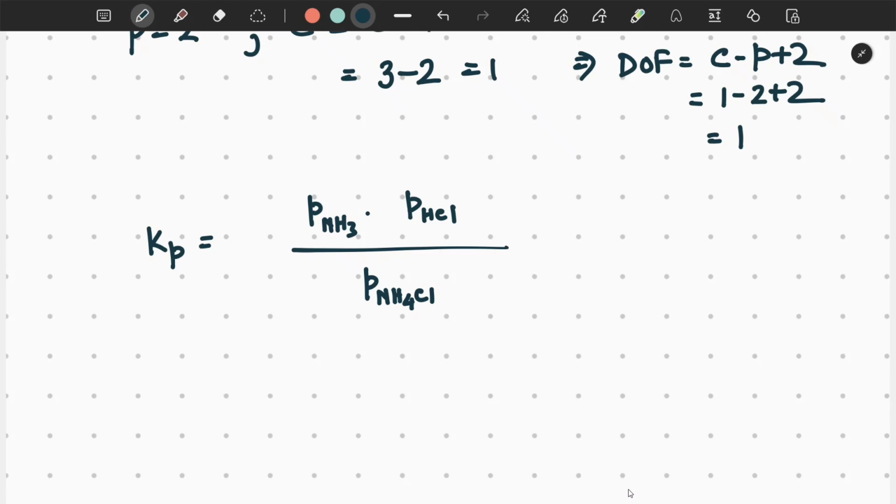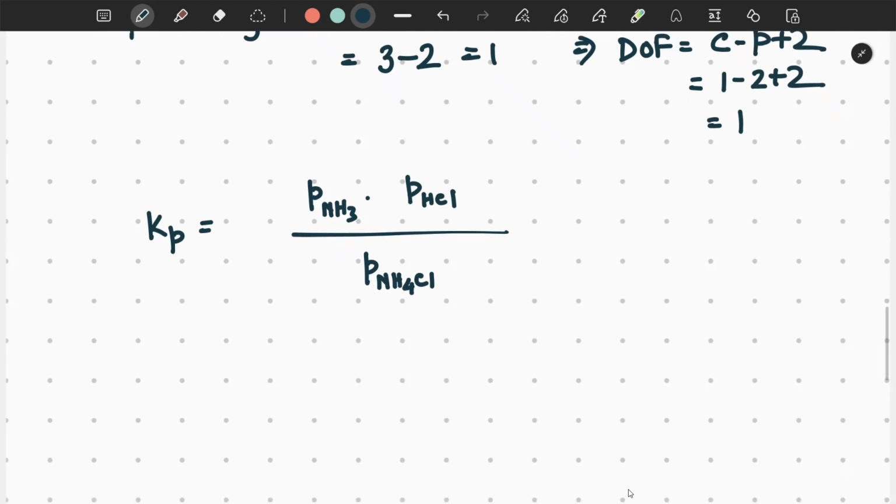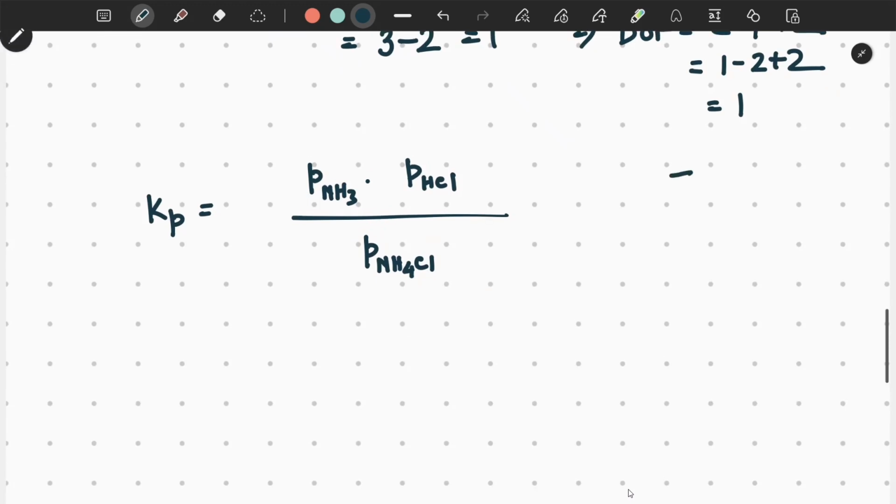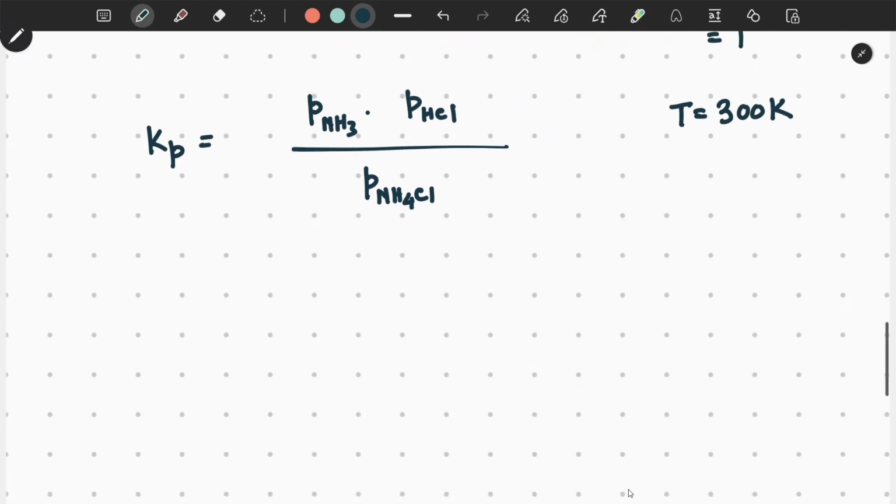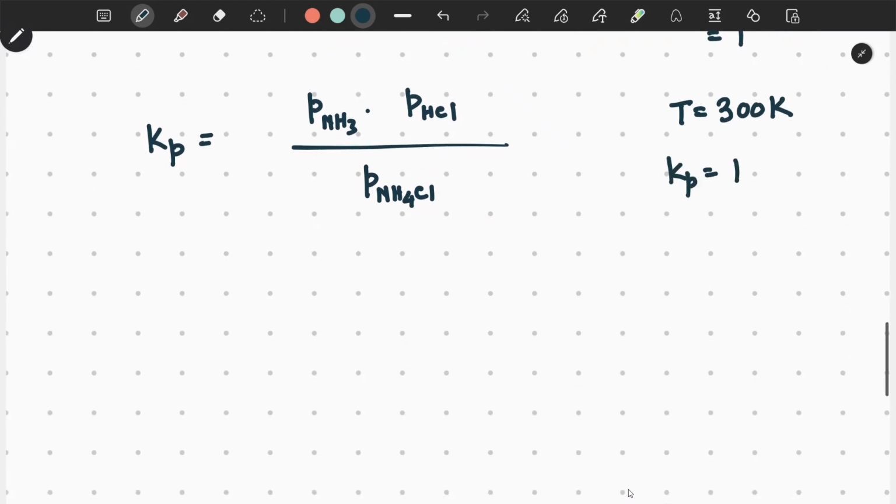Let's say at a particular temperature, 300 Kelvin, with this example I think it will be very clear. Let's say Kp is equal to 1/2. Then P of NH3 times P of HCl should be 1/2 of the partial pressure of NH4Cl.